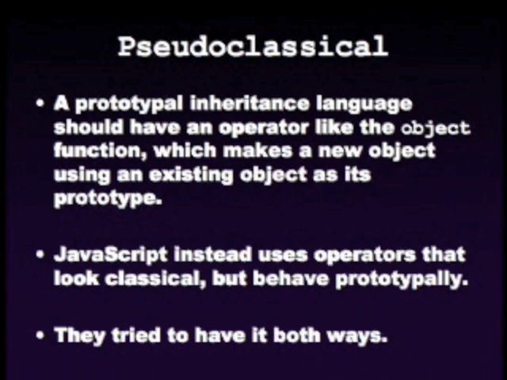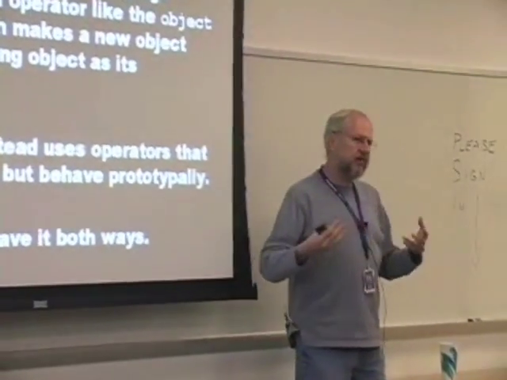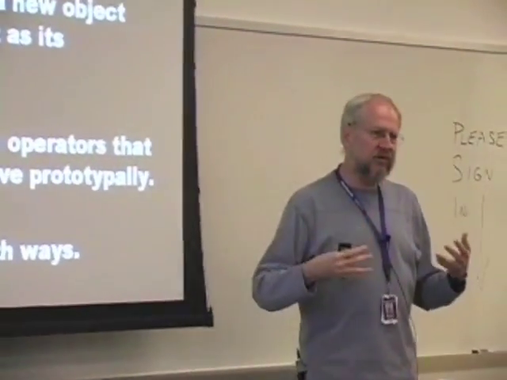So they chose instead to have a notation which looked more like a classical notation. They tried to do both things at once, and as a result, didn't do either very well. I call the form that Netscape proposed pseudoclassical, because it's trying to look classical, but very quickly you discover that it isn't. And so the approach was to introduce operators, particularly a new operator, which followed some of the classical form.